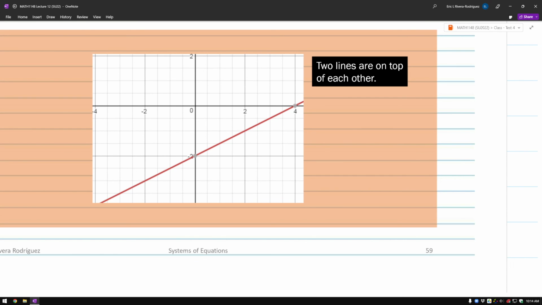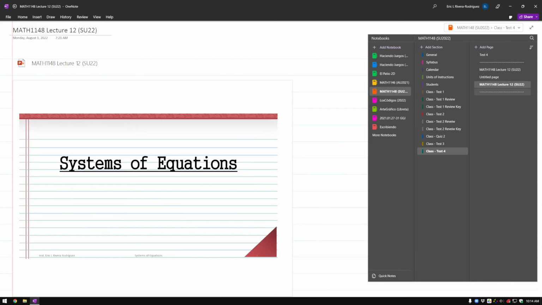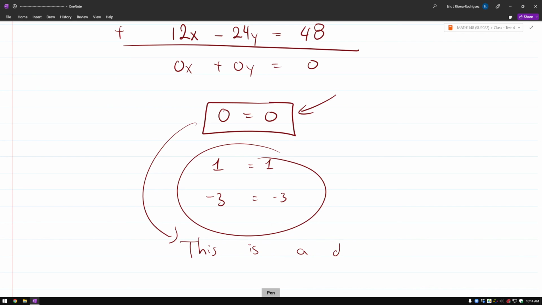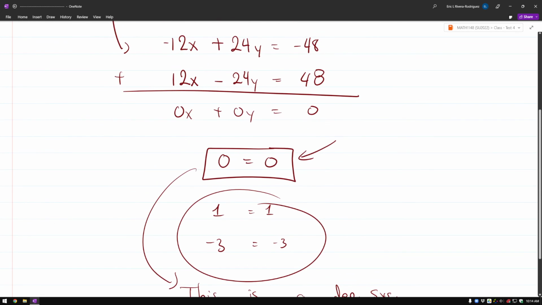So when we get to this point, the solution is that this is a dependent system, and that's it.